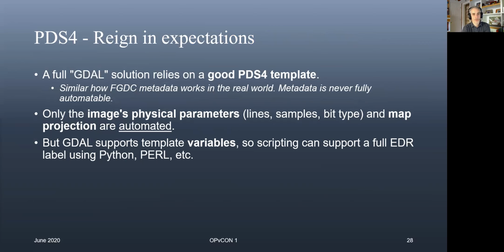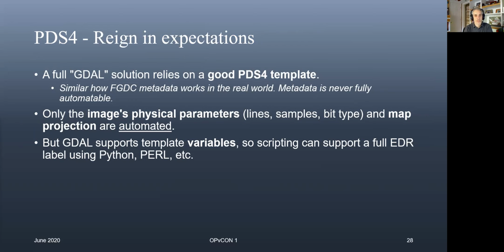But I do want to rein in expectations for the PDS4 driver. GDAL, again, is very limited in what it understands in the metadata world from a PDS or from a mission label. So it does require some upfront work or some back-end work once you use GDAL on a PDS4 label. It doesn't know what the author was. GDAL doesn't know what the mission was unless you tell it.